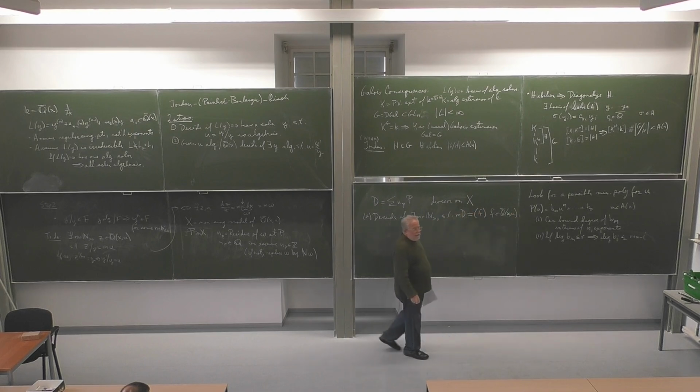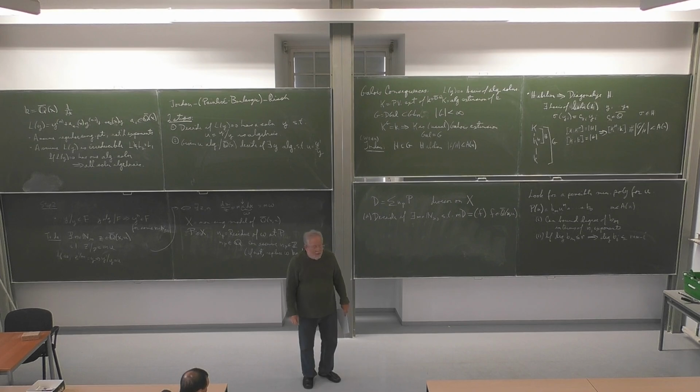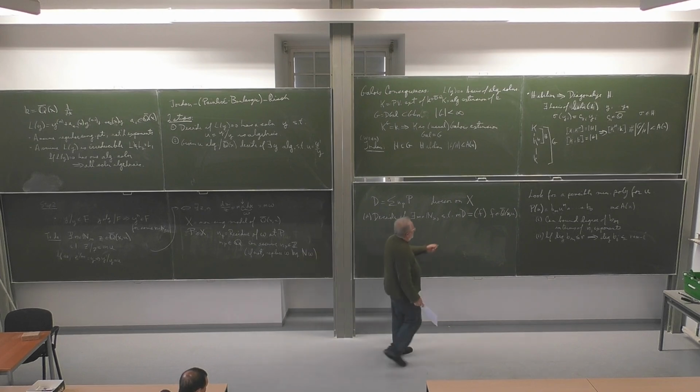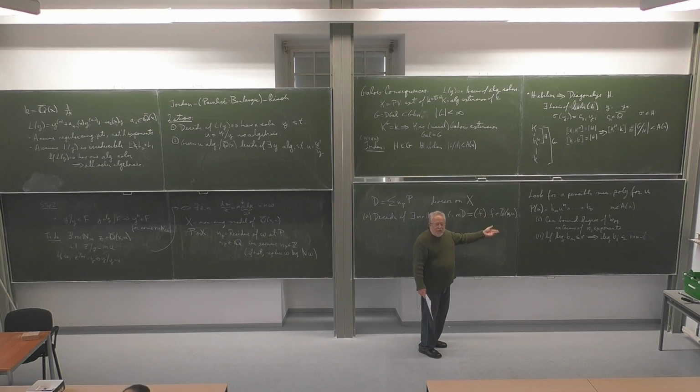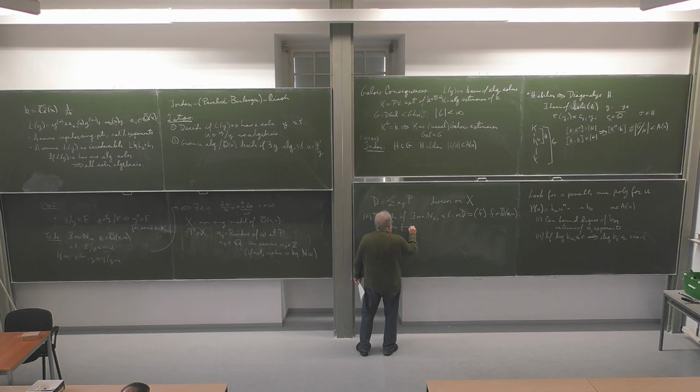Okay. I want to know whether it's a principal divisor. That is, the divisor of a function is where you write down its poles and zeros times their multiplicity. And if so, find the smallest m.